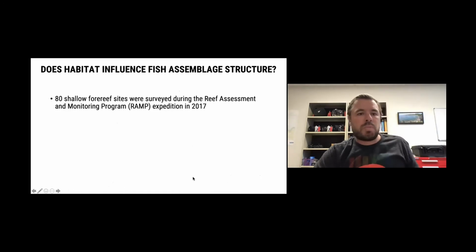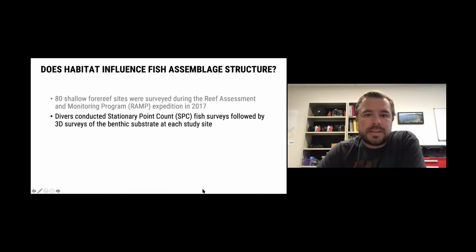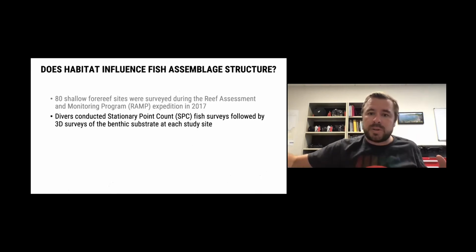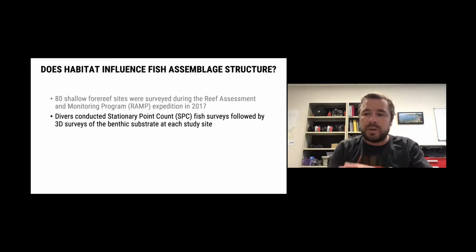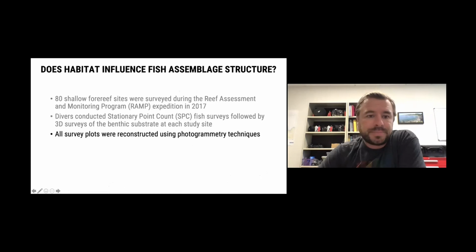To do this, there are about 84 reef sites that we surveyed during the Reef Assessment and Monitoring Program in 2017. At these sites, divers conducted stationary point count fish surveys, and then over the exact same area, did a 3D reconstruction survey. So we had perfect co-location of 3D habitat data with the fish assemblages they're surveying visually.